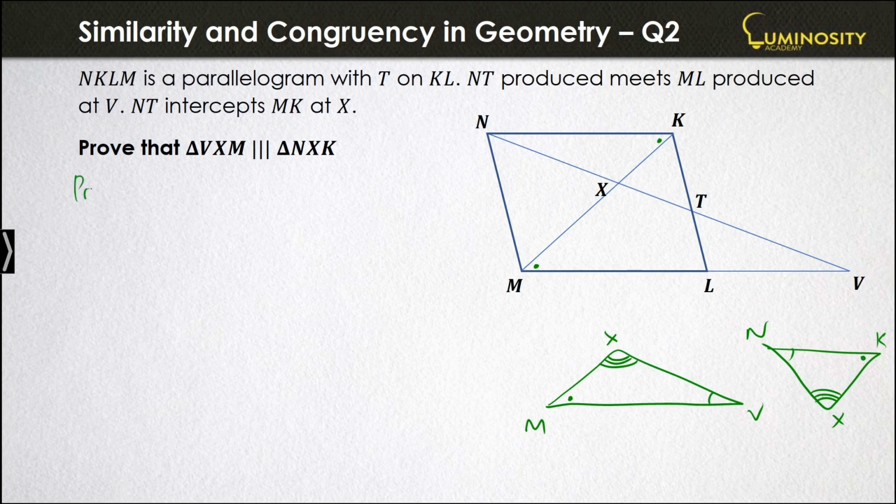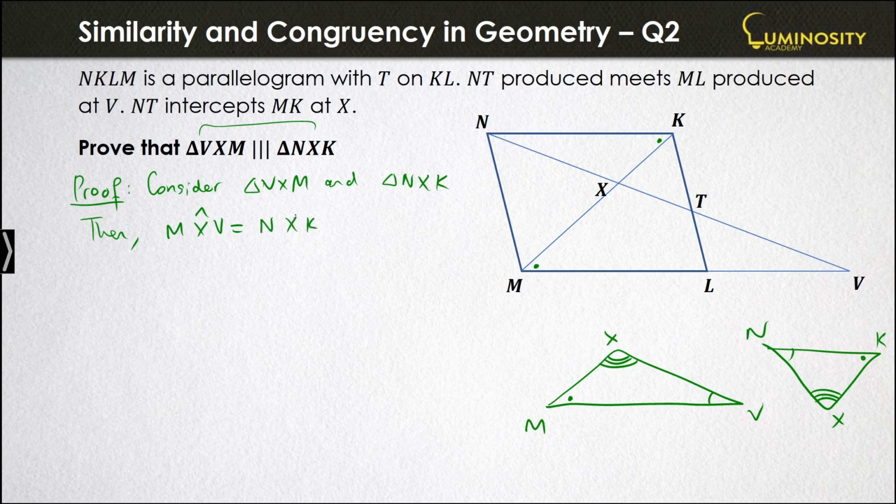So I'm going to start my proof off as follows. I'm going to say consider, right, triangle VXM. Because they gave it to me, so I can write it like that. And triangle NXK. So then we have that angle MXV must be equal to angle NXK, and that's by vertically opposite angles are equal.